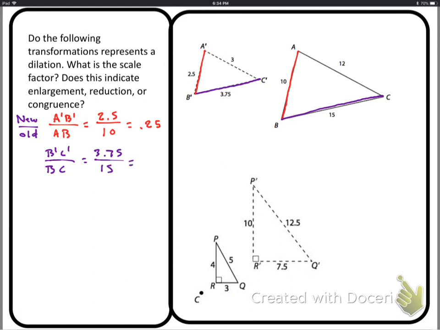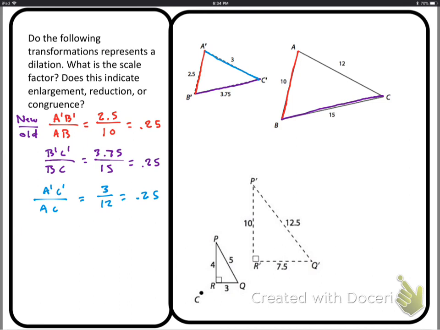So now 3.75 divided by 15 gives us 0.25. So far we're good. Common scale factor. A prime C prime to AC, that gives us 3 over 12. And if you put that in a calculator, it matches up, 0.25. Okay, so that is our scale factor.